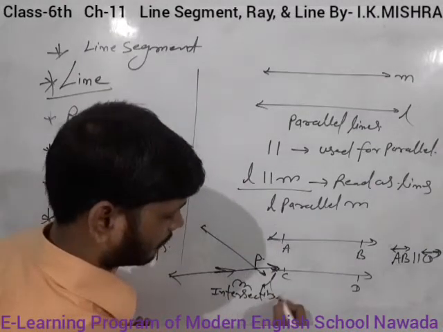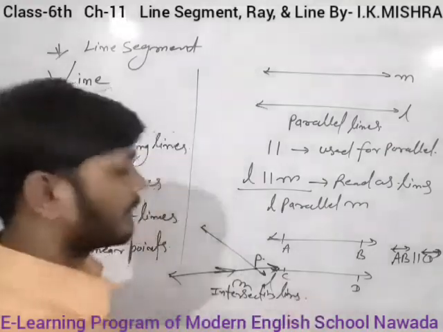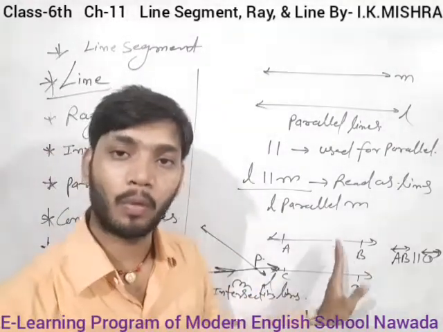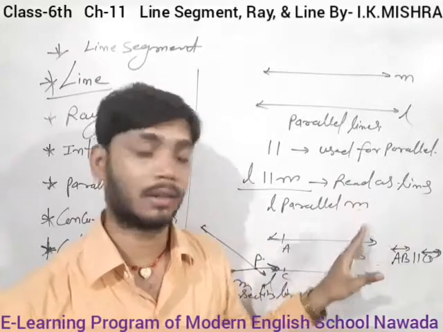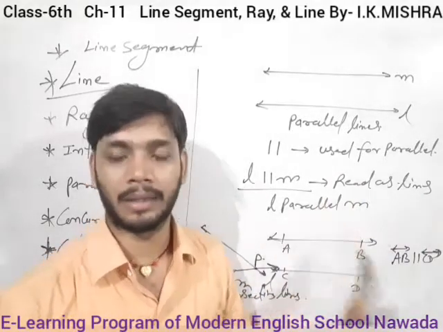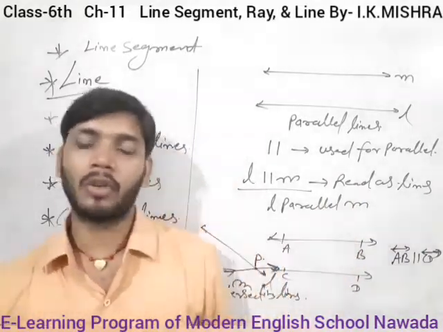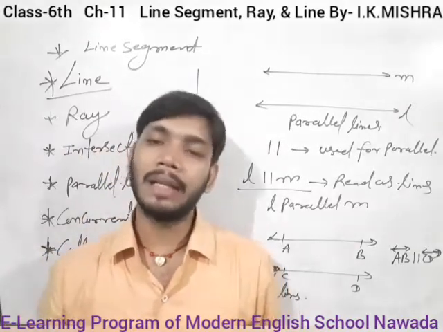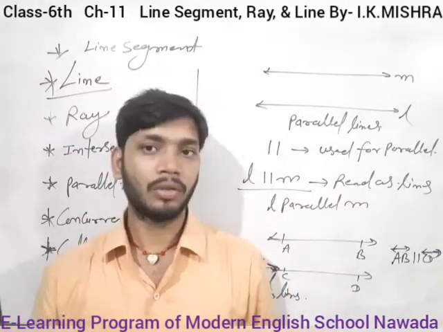But lines that have no common point, even when extended endlessly in both directions, are parallel lines. Students, parallel lines will also be discussed in the next classes in chapter 12.